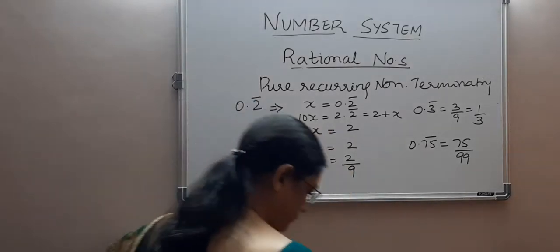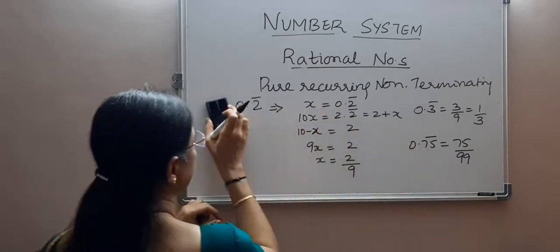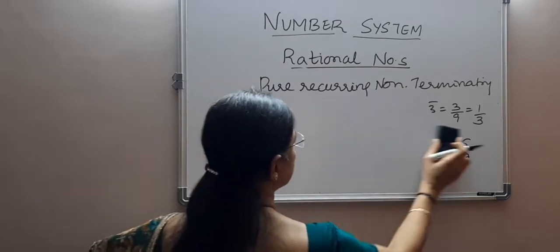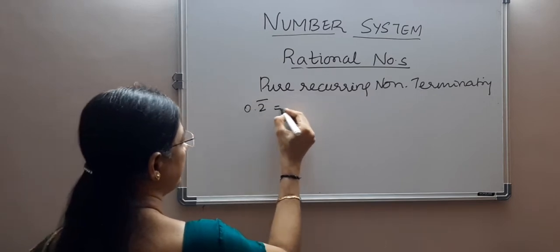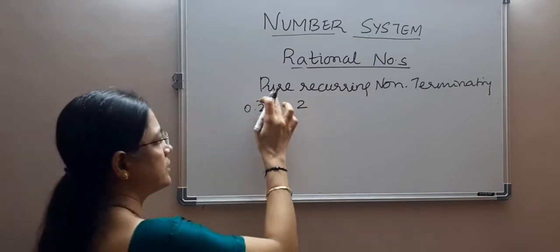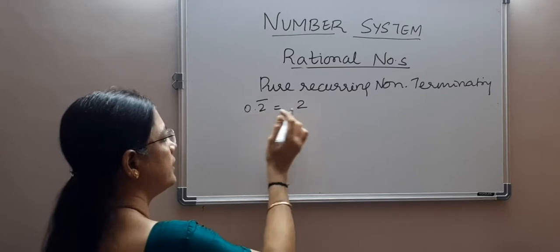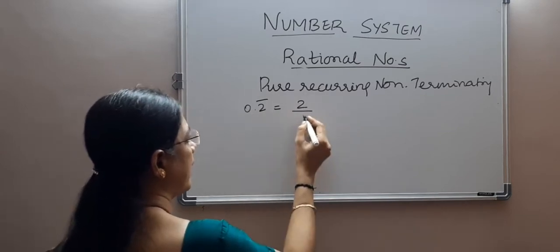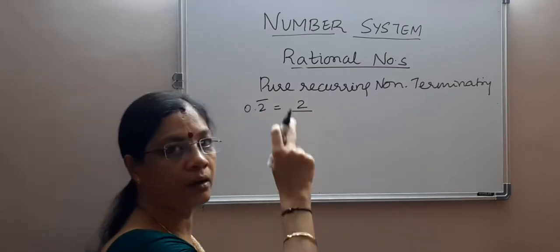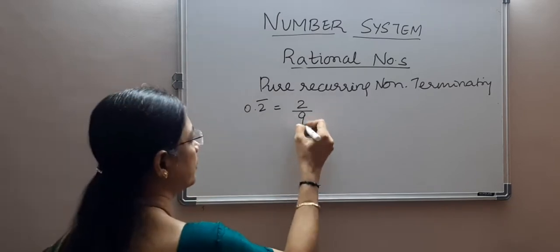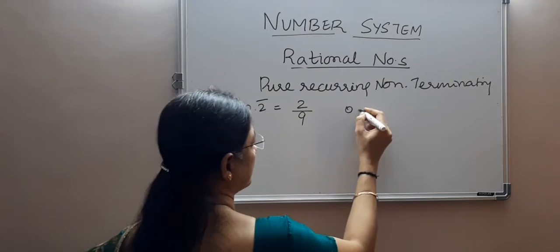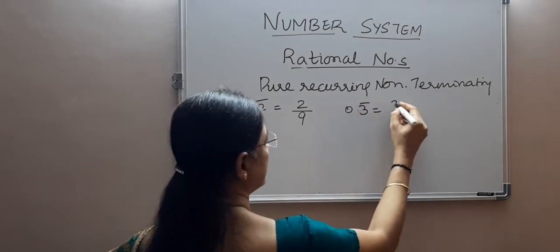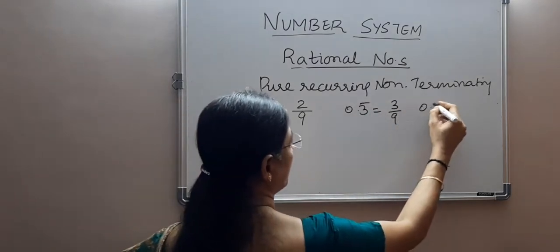That is, if I have only one decimal place, see there is a shortcut for this. I just drop the bar. Without the decimal point I write the number, and how many numbers are inside the bar, that many 9s I need to write. See, for 0.3 bar it is like that, 3 divided by 9.